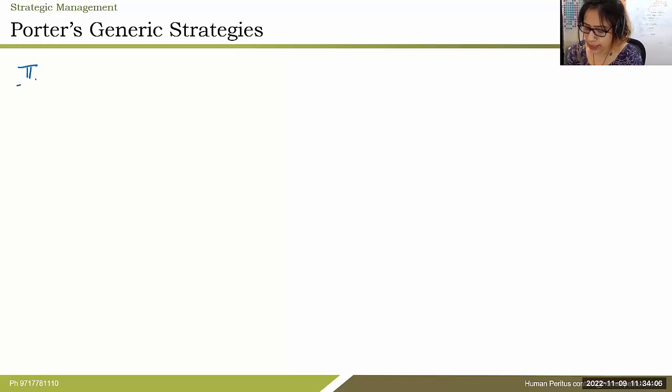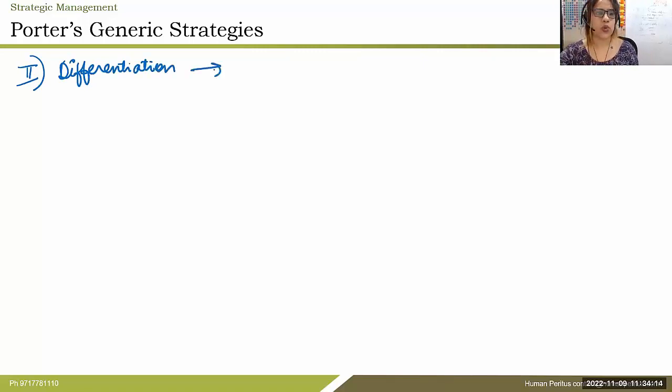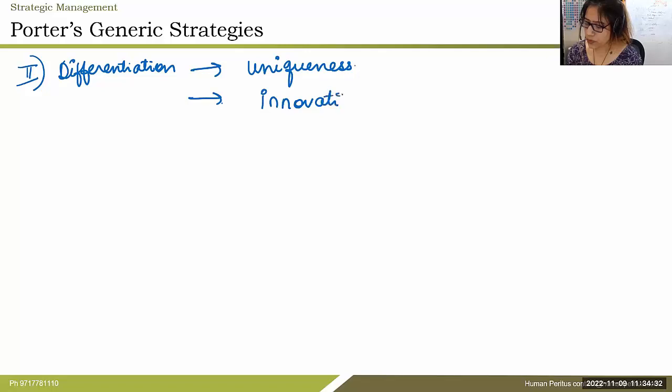Now we have the second one, which is called differentiation. I hope everybody knows what differentiation is. Differentiation is when we are using some kind of uniqueness in our product, or maybe we are doing some kind of innovation through research and development.